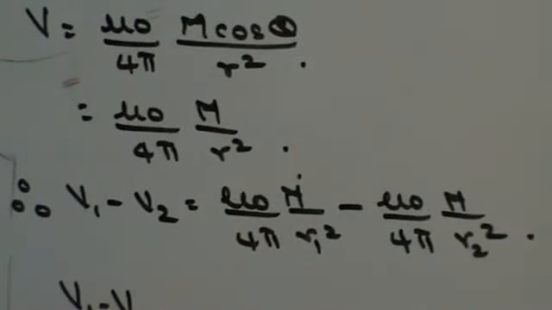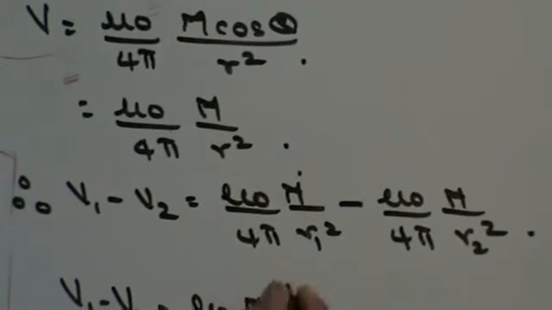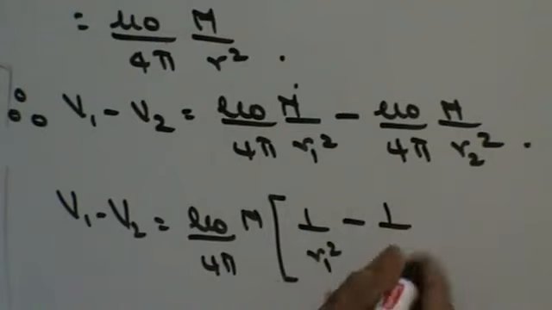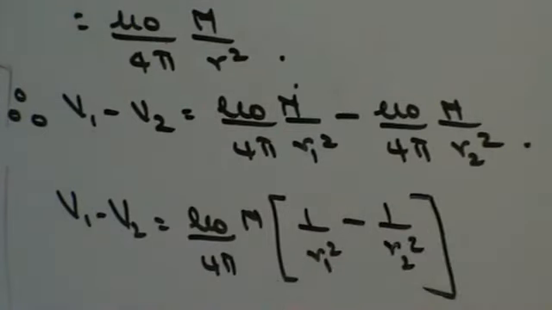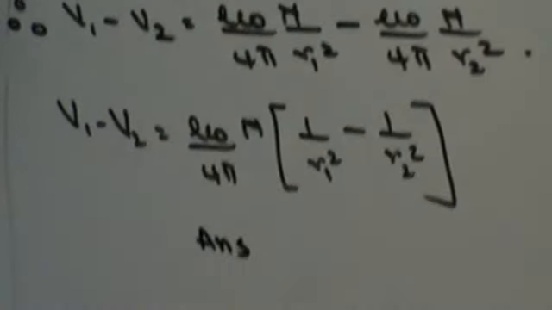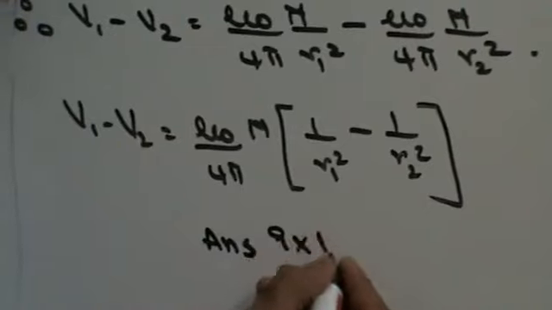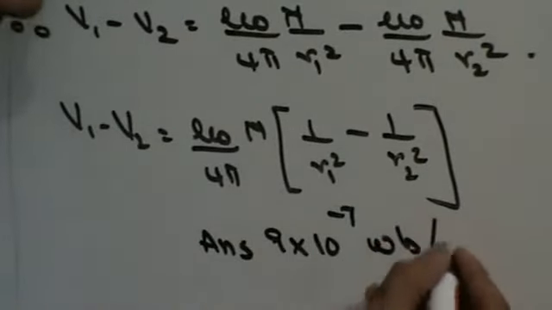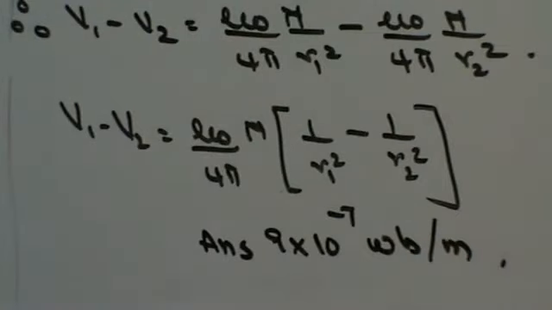So V1 minus V2 is mu 0 upon 4 pi m times 1 upon r1 square minus 1 upon r2 square. Once you have this, you can substitute and get the answer as 9 into 10 raised to minus 7 Webers per meter. That will be the difference in potential.